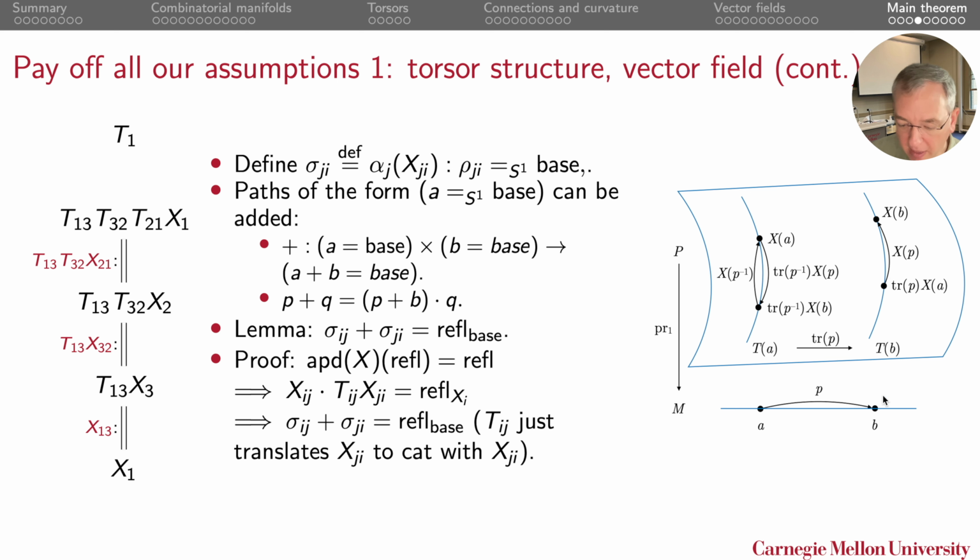And then we can get two different paths on the left here. Either we can start over in this fiber and transport through P inverse, and that's what this upward one is. Or we can take the one we built over here and transport it back, which is this downward one. Okay, and the point is those cat to REFL.